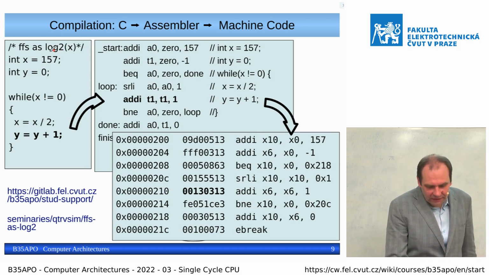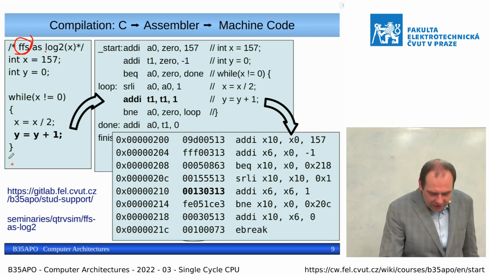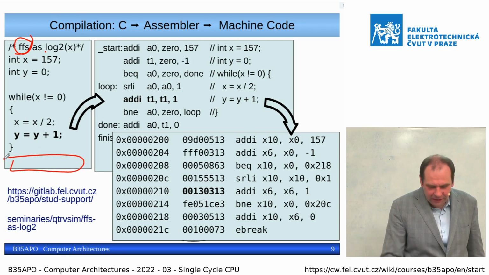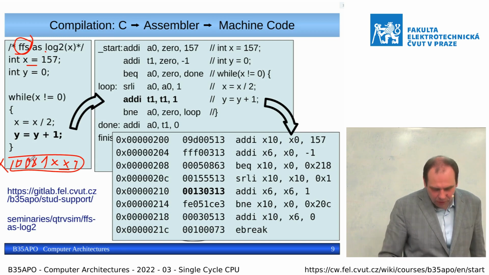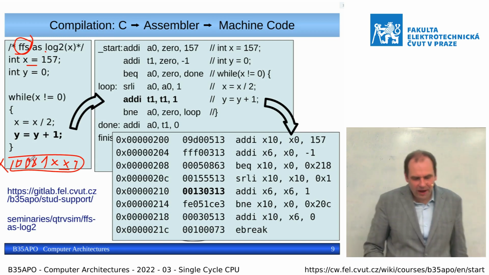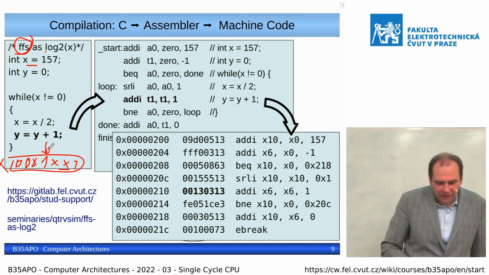In this case, there is a simple example of code equivalent to the instruction find first bit set. Basically, if we have some word, in this case x, which is equal to 157, and there is one bit set somewhere, and some others are 0 or non-zero, and before this one there are zeros, then it finds the position of the most significant one in the word.